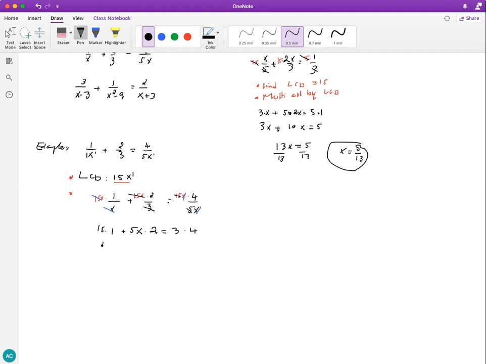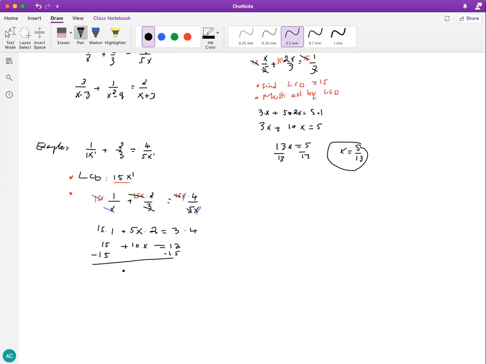Pretty simple. Now we're going to multiply these. That's 15 plus 10x, right? Equal 12, yeah. And the rest is history, okay? The rest is pretty simple. Couple of steps. So you can cancel the 15 first on both sides.